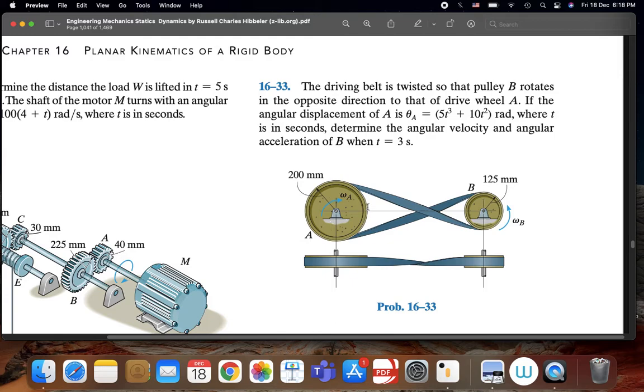This indicates that the tangential acceleration and the tangential velocity at that point must be equal. Okay, so let's move on.